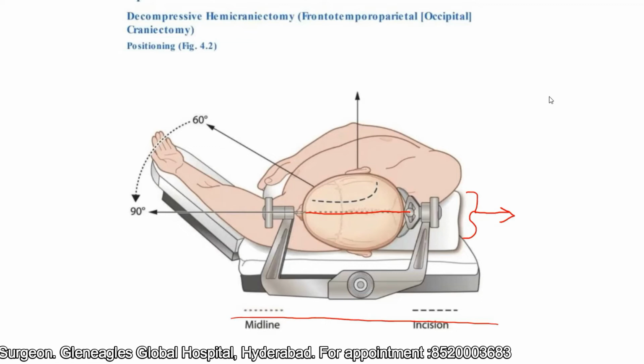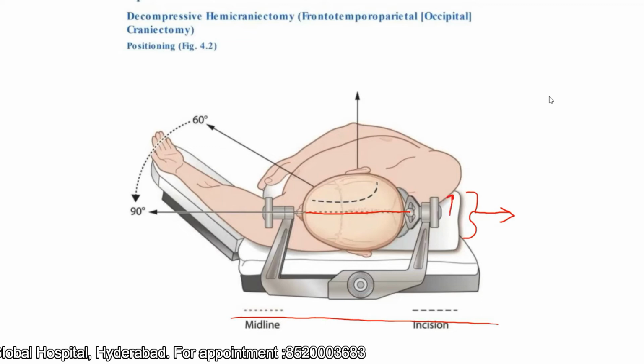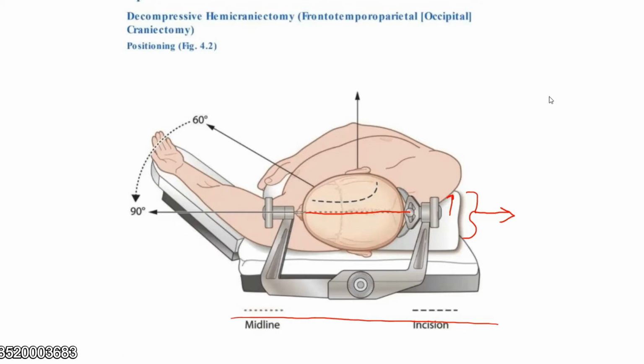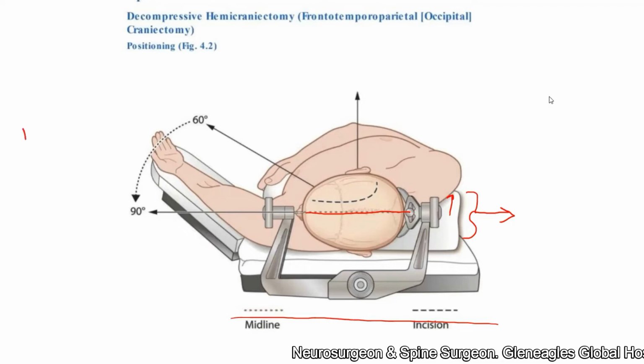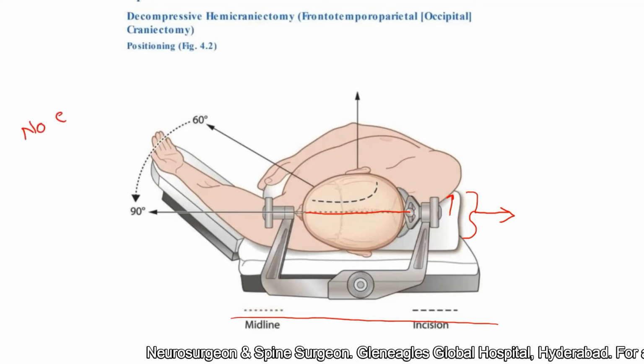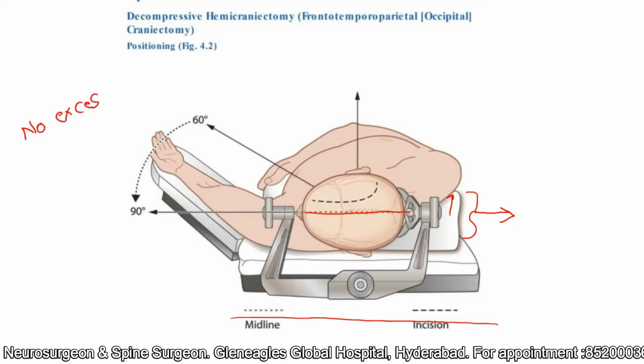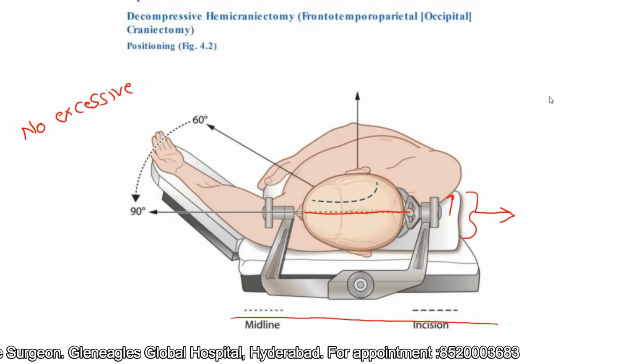The ipsilateral shoulder is raised up a bit so that you can easily rotate the head to the opposite side. While achieving this rotation of 90 degrees, ensure that there is no excessive twisting of the neck.